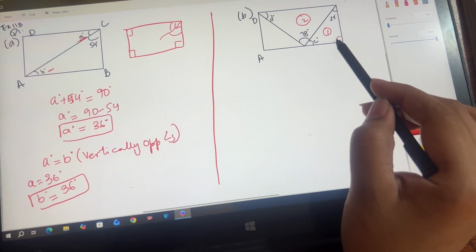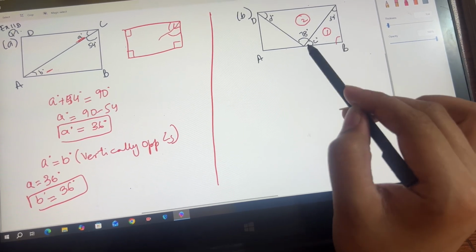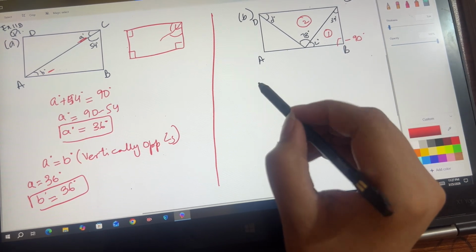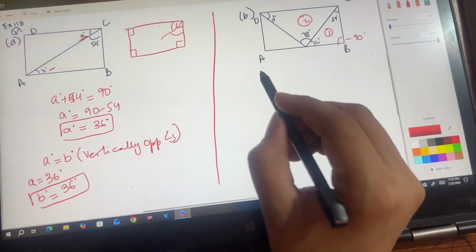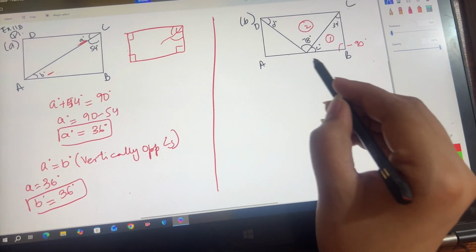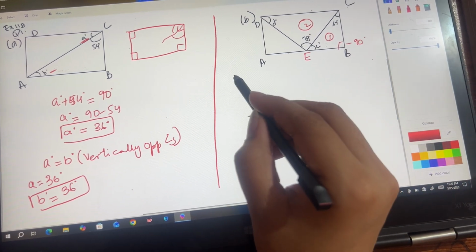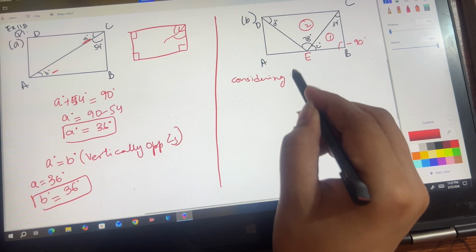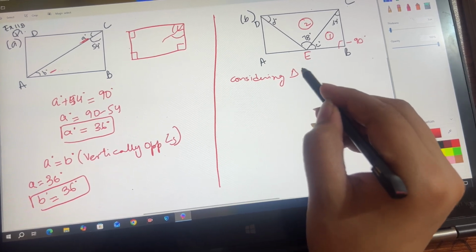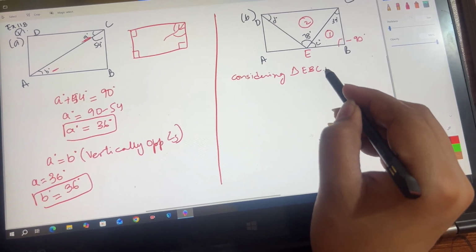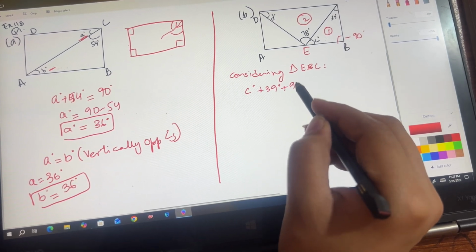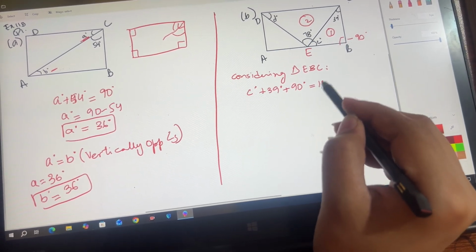We know that when there is no angle given and it is a right angle, it will be equals to 90 degree. So we will write over here, it is also given, so E. So considering triangle EBC, it gives C degree plus 39 degree plus 90 degree equals to 180.